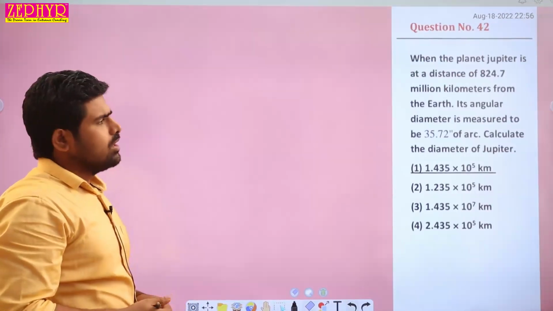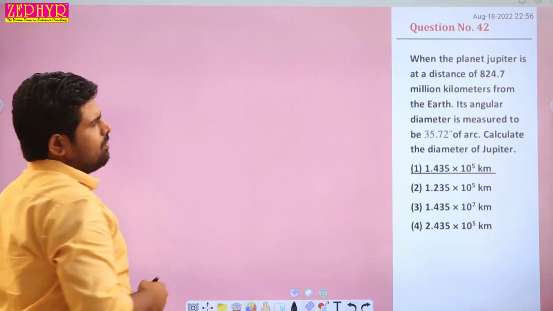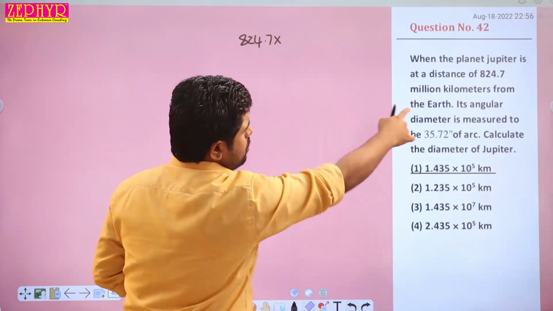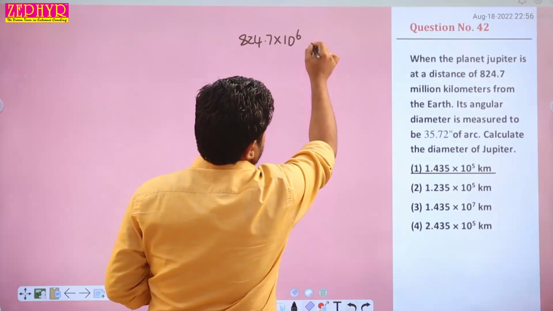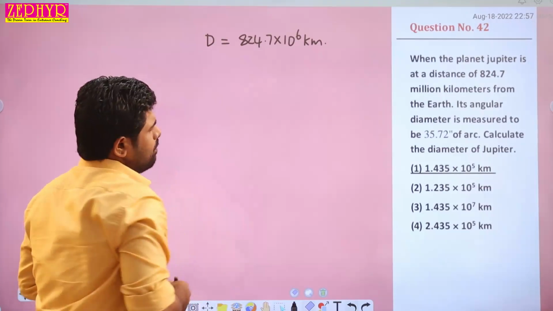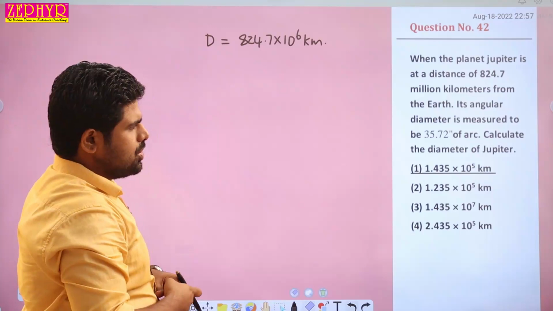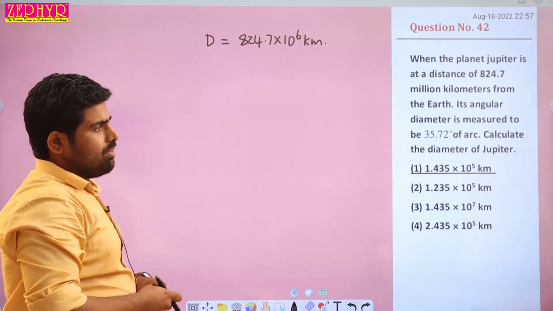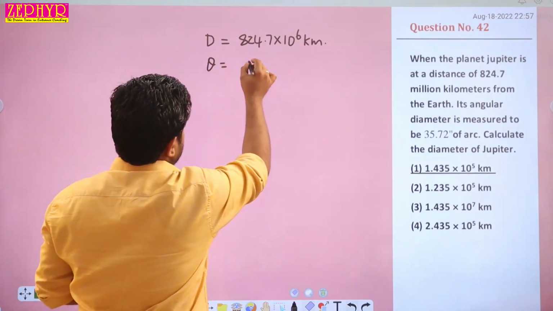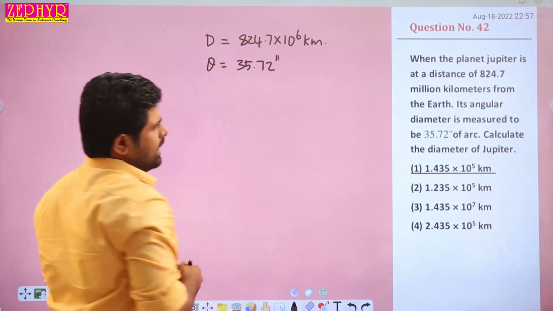See, question number 42. When the planet Jupiter is at a distance of 824.7 into 10 raised to 6 kilometer, so this one is the value of D, its angular diameter is measured to be 35.72 seconds. So that is the value of theta, equal to 35.72 seconds.